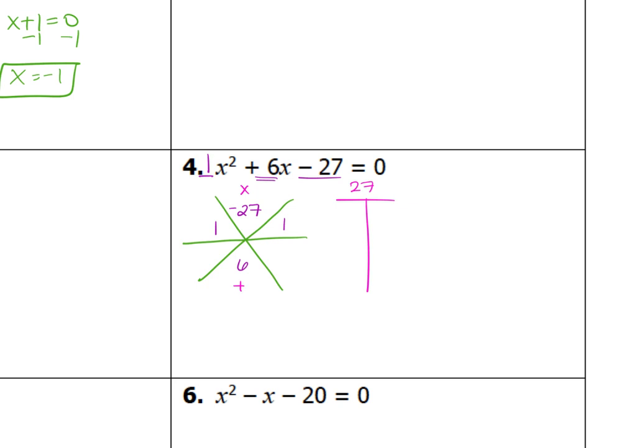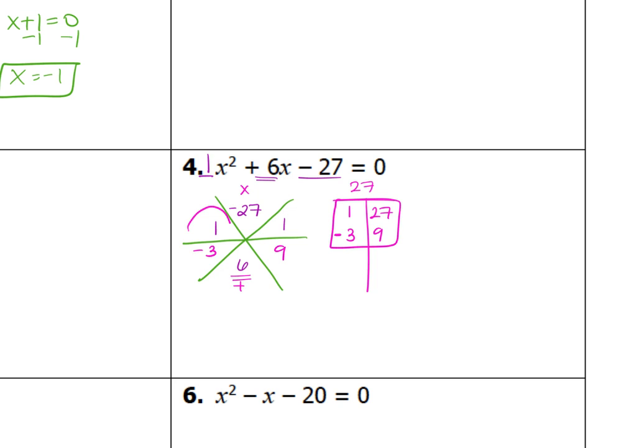So if you start at 1, 27 divided by 1 is 27. 27 divided by 2 doesn't work. 27 divided by 3 is 9. 27 divided by 4 doesn't work. 27 divided by 5, divided by 6, divided by 7, divided by 8, none of those work. So these are your options. You're looking for what of those can you add to get a 6. So if you made the 3 negative, -3, +9, you'd get there.